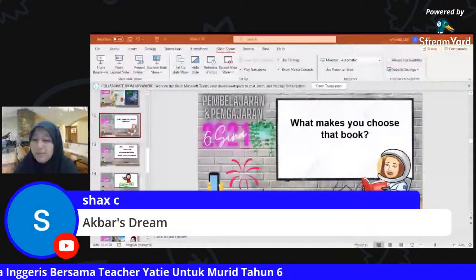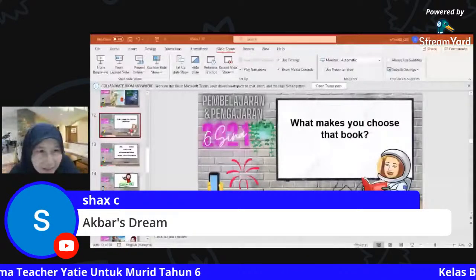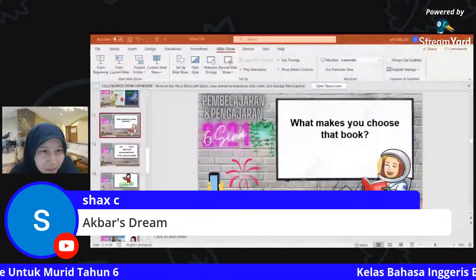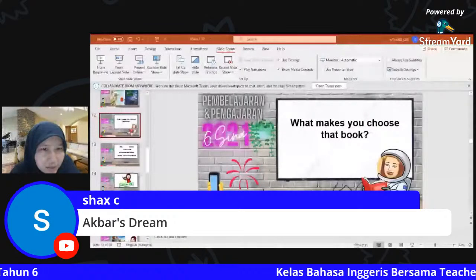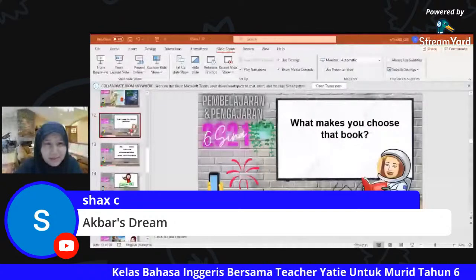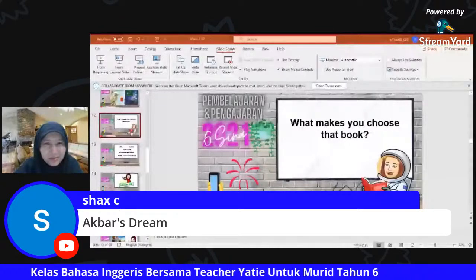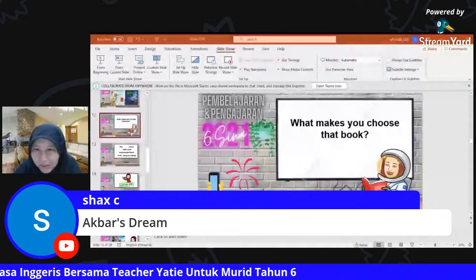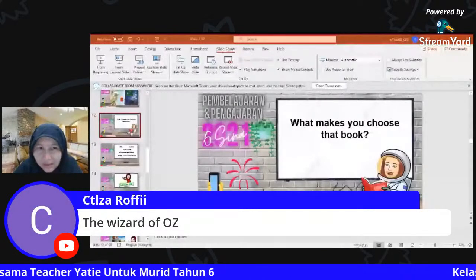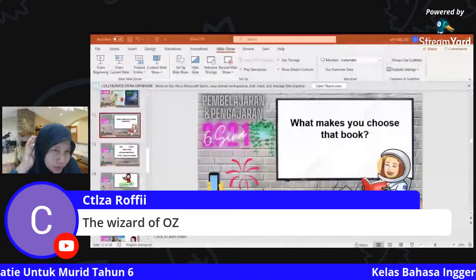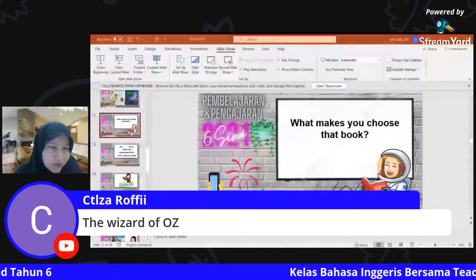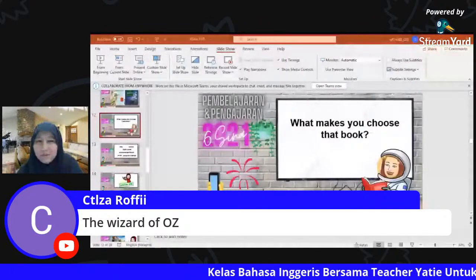Shak si ni is a boy, right? Najwan, right? So Najwan write Akbar Dream. Good. Okay, he has Akbar Dream. So how about the other? What do you have? Siti Zarofi, The Wizard of Oz.